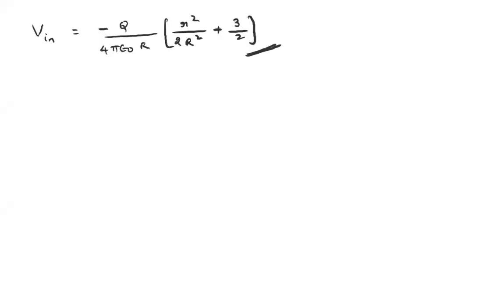A small correction: as we're taking minus as common outside, here we will get minus 3 by 2. At the center of the sphere, small r equals 0.